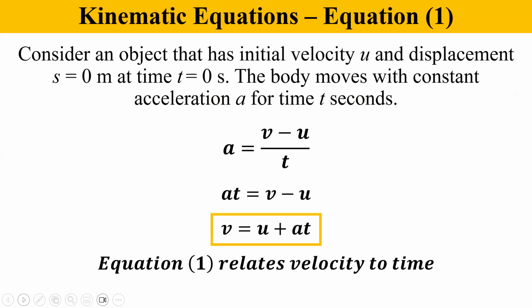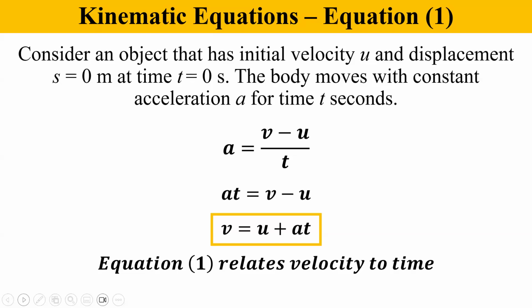Okay, so we consider an object that has initial velocity U and a displacement, right? Let's say the displacement is 0 and the time, because we're going to start, is 0, right? The body moves at a constant acceleration a for a time t, where t is in seconds, all right?